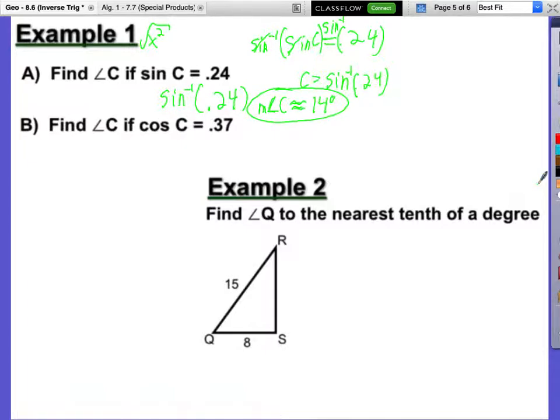I don't know if I did this right. Yeah, you got it right. So far, so good. Go ahead, check this out before you write this down. Right, 60 degrees. There you go.